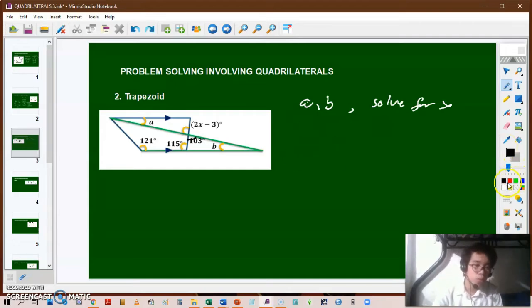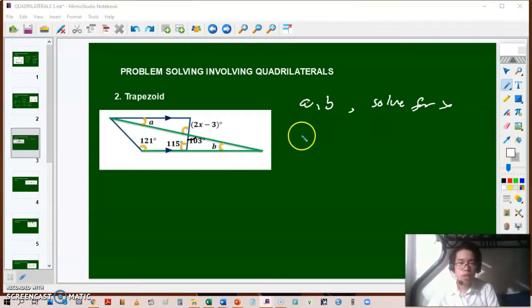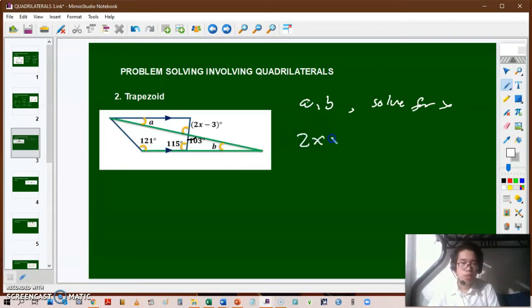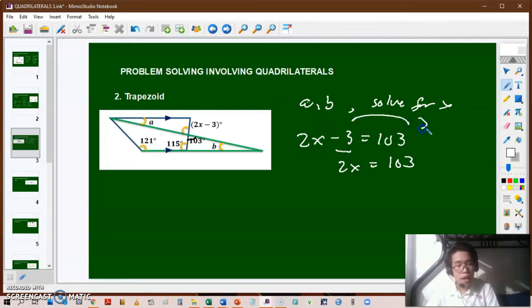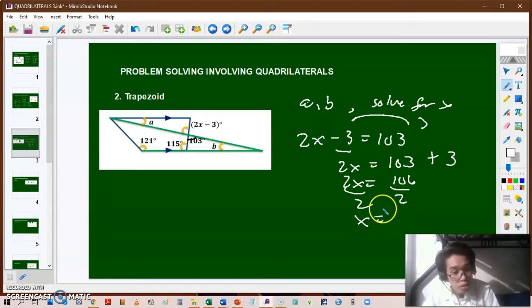So 2x minus 3 is equal to 103 degrees. What's our next step? We have to transpose the negative 3 to the other side, and it's going to be positive 3. So 2x is going to be equal to 106. If you divide that by 2, x is equal to 106 divided by 2, that's 53.